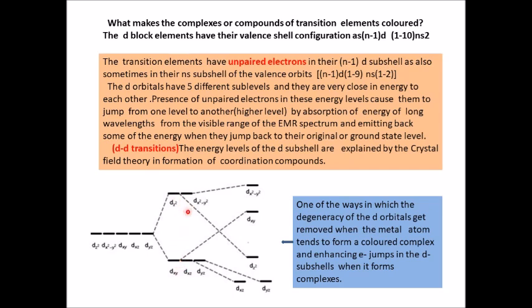Further, they can be further split, as you can see here, the dz square, the dxy, the topmost one is dx square minus y square. How and why these take place, we will learn when we learn about complex compounds or complexes in detail.